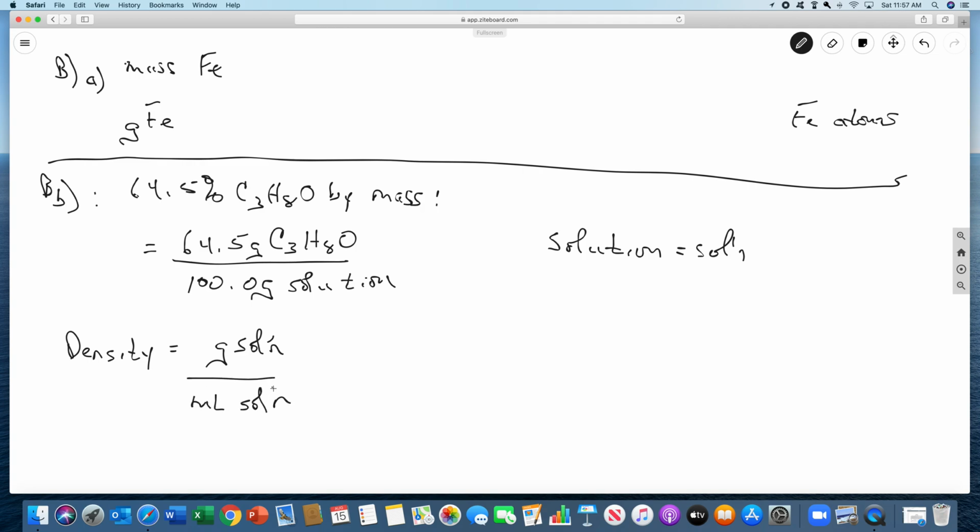And I think what we did is we pipetted 10 mils in and we gave you the mass so you can calculate the density. But realize that's not the alcohol, it's the solution. Now this part gets tricky, but you'll have this number.